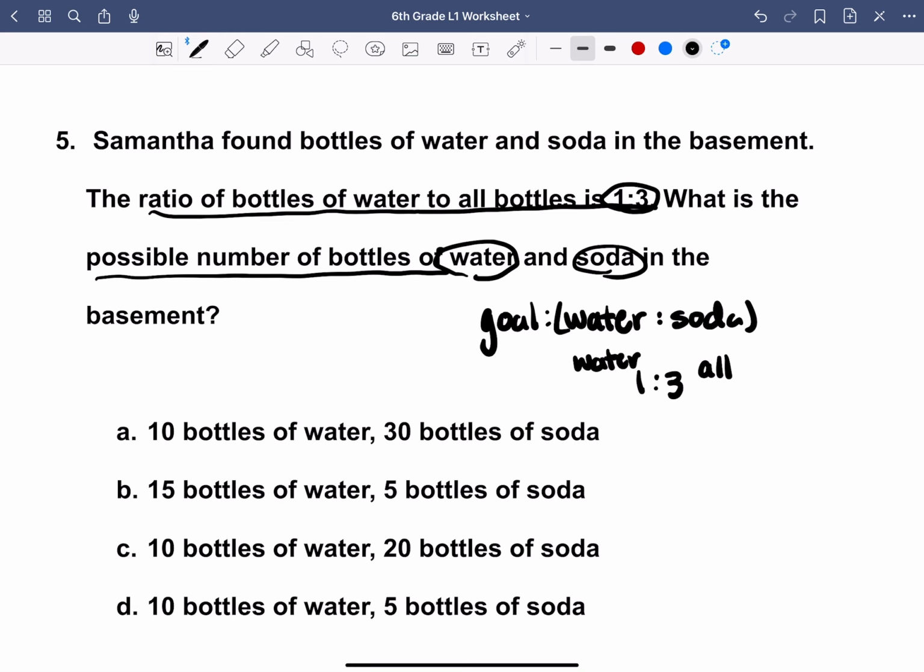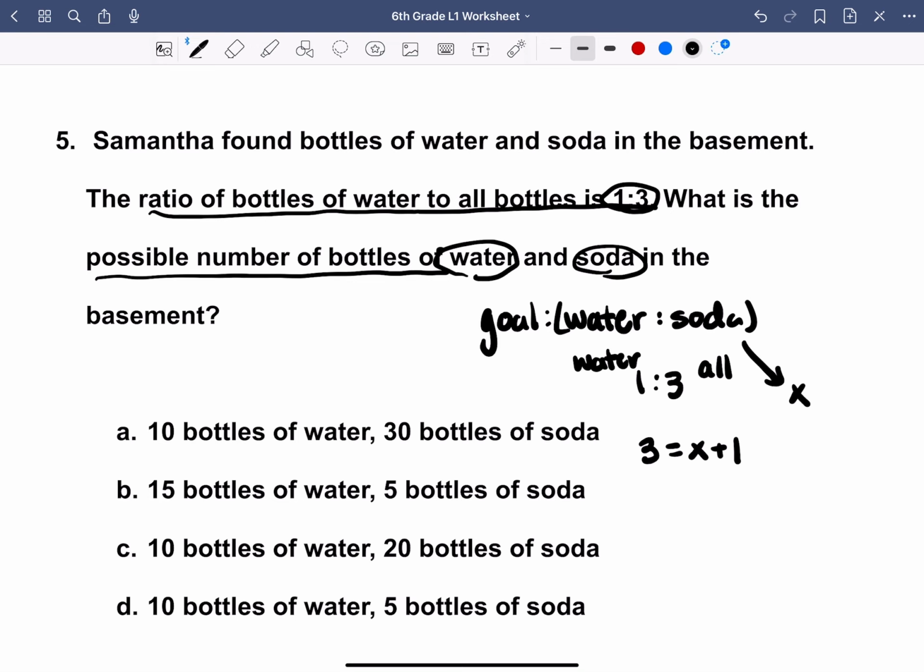Okay, so we'll put our soda as X, or variable X. And since all bottles means water plus soda, we're going to put 3 equals X plus 1.